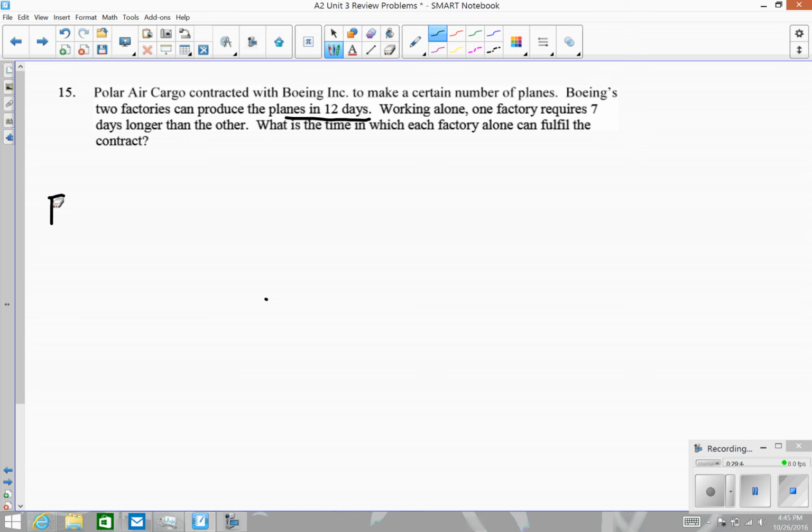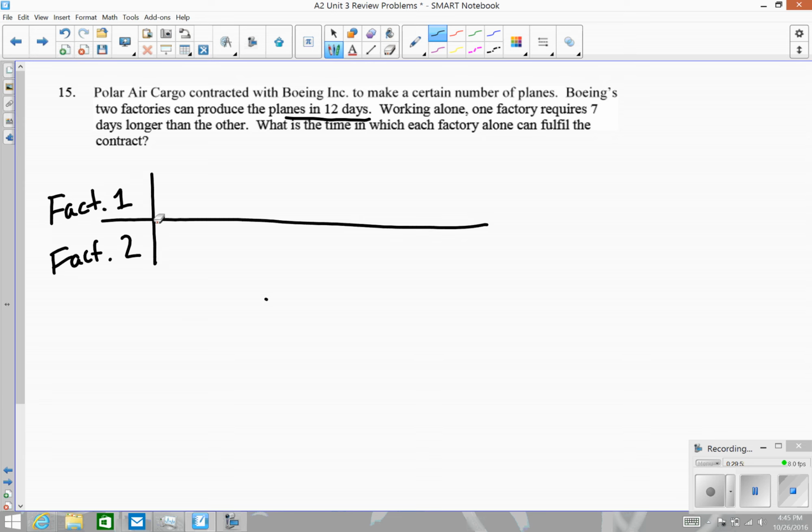That means I've got factory 1, factory 2. They're going to take 12 days to finish the job working together. But working alone, one factory needs 7 days longer than the other. So whatever factory 1 is doing, their rate is one job in whatever time the other factory uses, plus 7 more days.